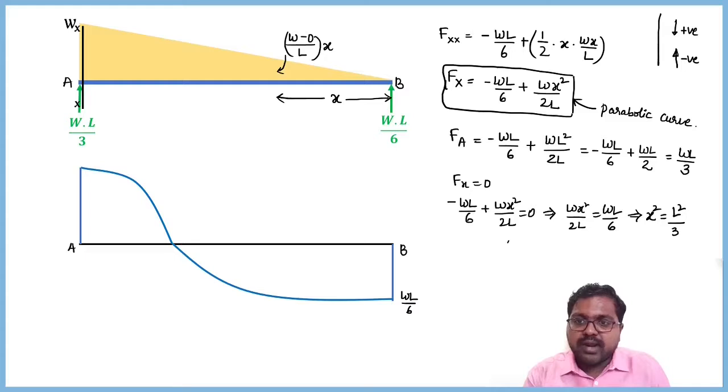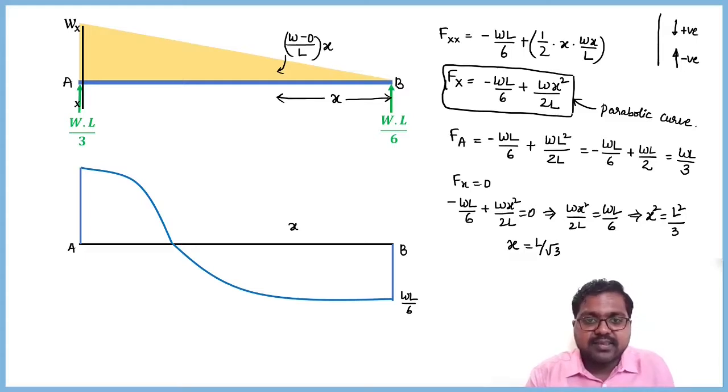So from this we get x equal to L by root 3. So at a distance x equal to L by root 3 from B, the shear force value is going to become 0 here.